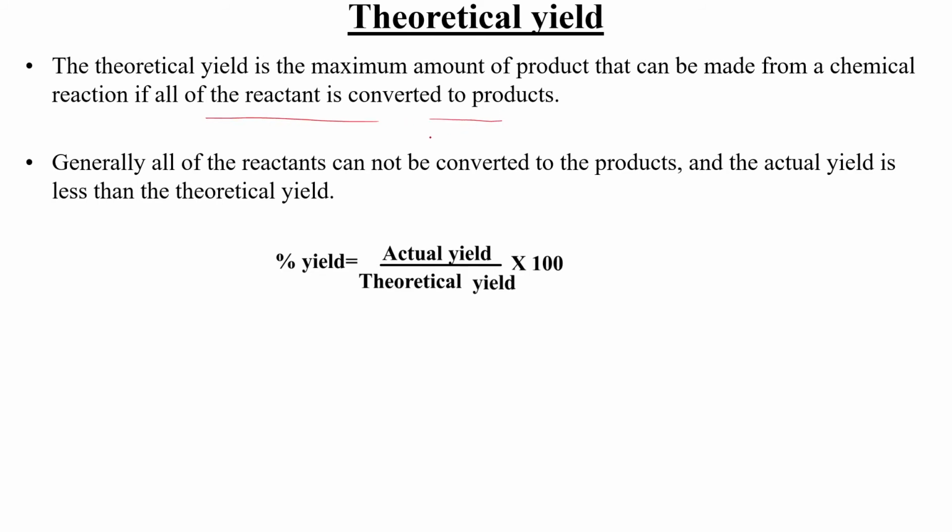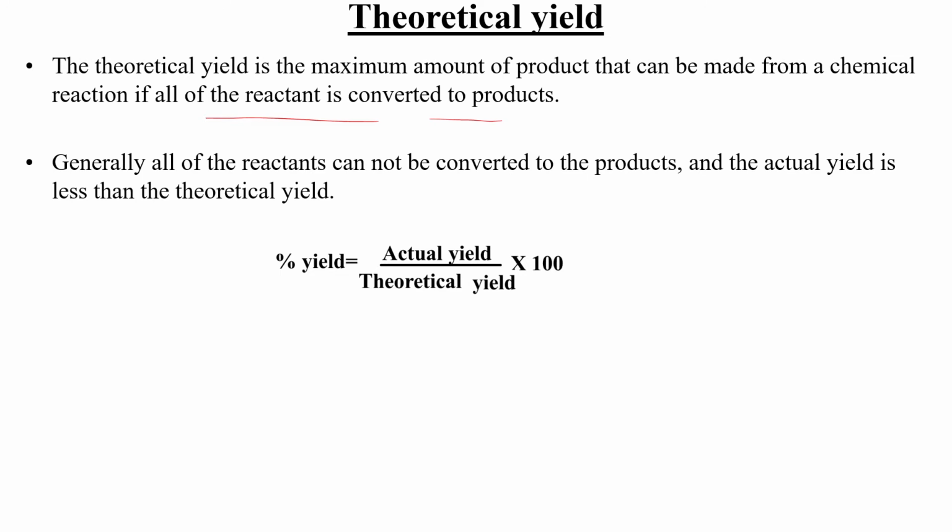But in actuality, when we perform these experiments in the lab, many reactions have competing side reactions that consume some of the reactants to produce unwanted product, and we call them side products. And sometimes we have difficulties in collecting and purifying the product, and some of the product may be lost.